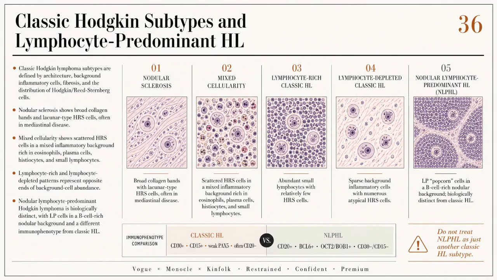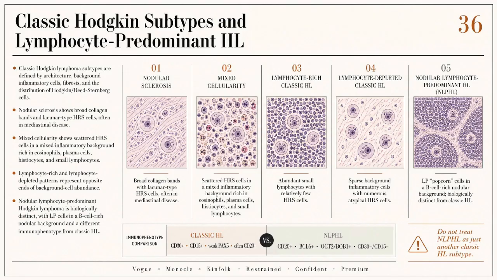The lymphocyte-rich subtype features a predominance of small lymphocytes with relatively few RS cells, while lymphocyte-depleted HL is a rare and aggressive form characterized by scant lymphocytes and numerous RS cells. The latter's aggressive nature necessitates rapid and accurate diagnosis, often supported by ancillary techniques such as flow cytometry and molecular studies to exclude other high-grade lymphomas.